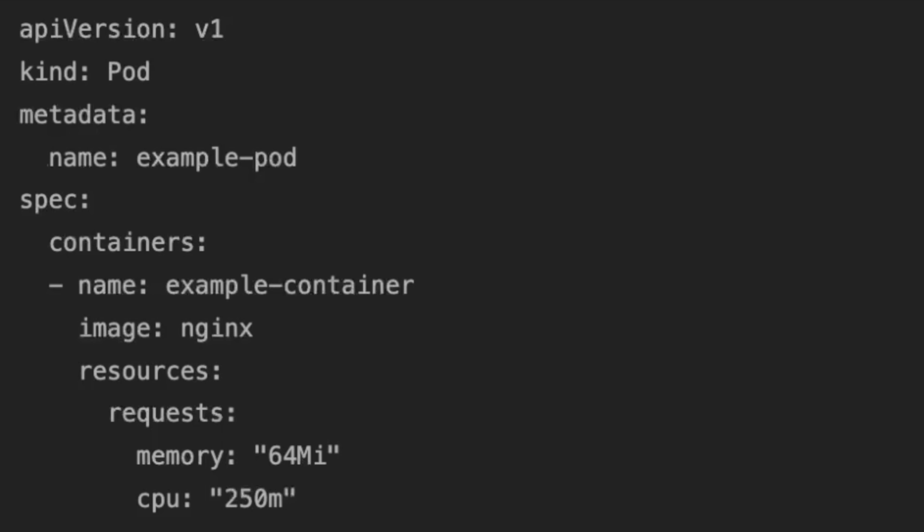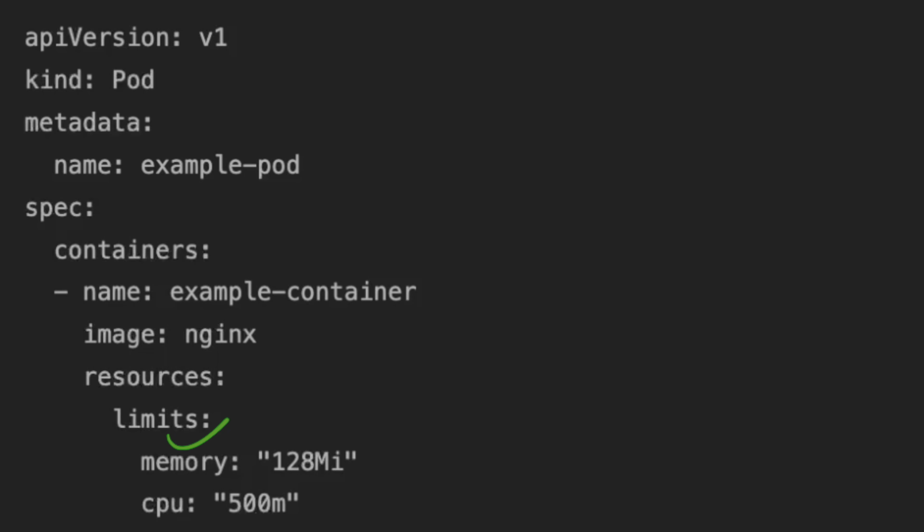In this example, the pod requests 64 MiB of memory and 250 milli CPU, ensuring that the pod is scheduled on a node that can actually meet these requirements. The scheduler makes that decision based on availability in the node. There may be other aspects around autoscaling whenever node resources are not enough, but that is not something we are going to cover in this video.